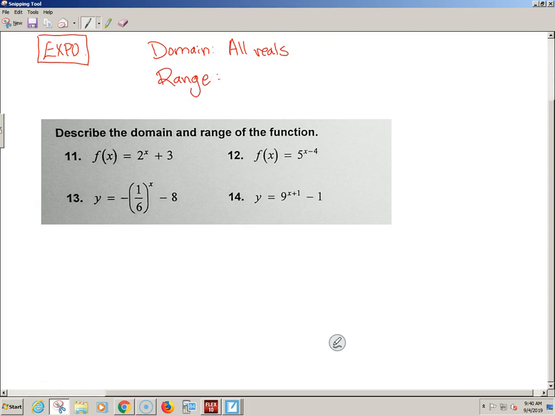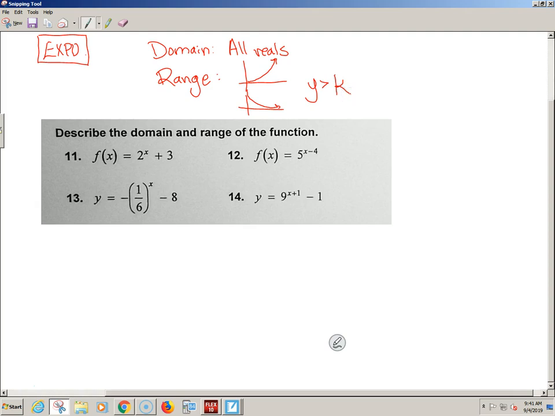Because the range for either of these, if we have a swoop that goes up, a normal one that's above the axis, either a swoop that goes up or a swoop that goes down, if we're talking about above the axis, it's going to be y greater than some sort of number.